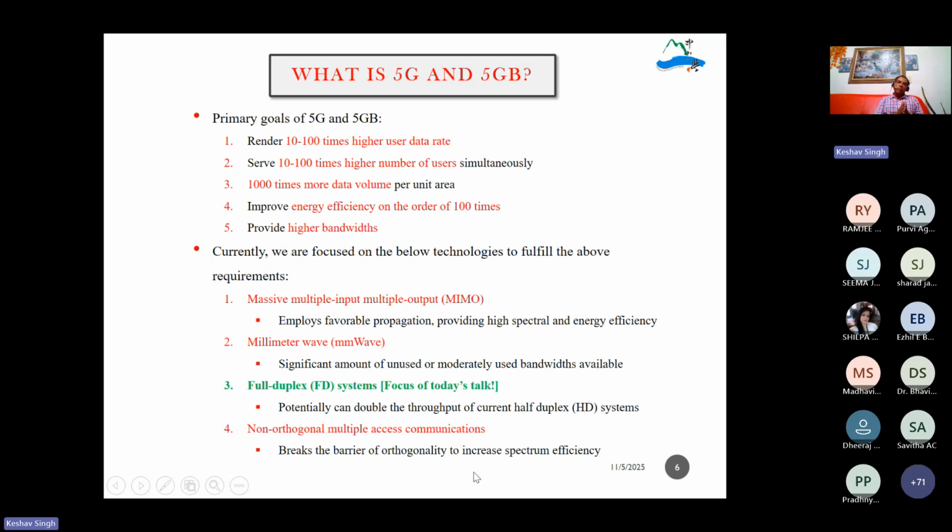Previously we had OFDM, where we have dedicated resources, and due to that there could be a wastage of resources. So in order to control that wastage, we can break the orthogonality and use NOMA, or RSMA, or some other multiple access technique in order to utilize the spectrum in a more efficient way and improve the spectral efficiency.